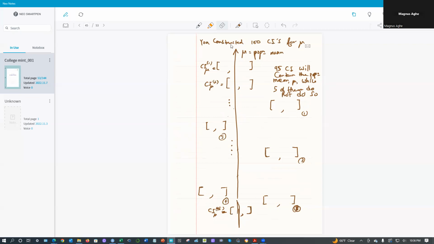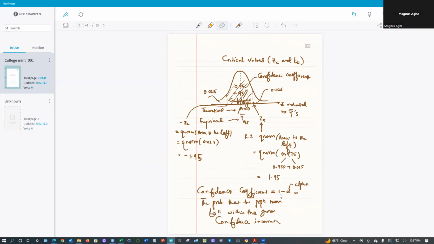See, everything includes it, except for this one, this one, and this one. 5 of them are not going to include this mean. They were off. We count the percentage of confidence intervals that would contain the unknown population parameter, and that is called the confidence coefficient or the probability, denoted by 1 minus alpha.